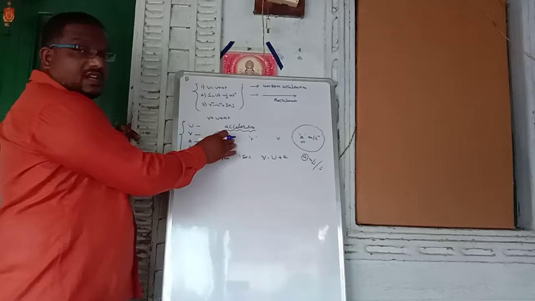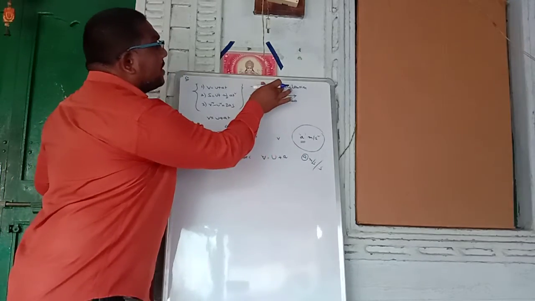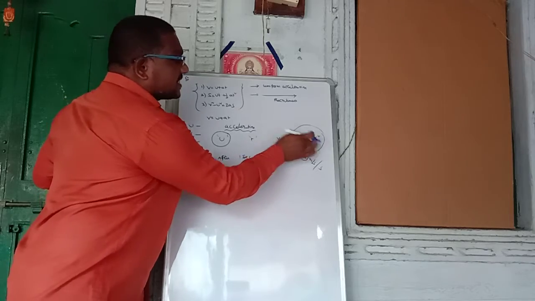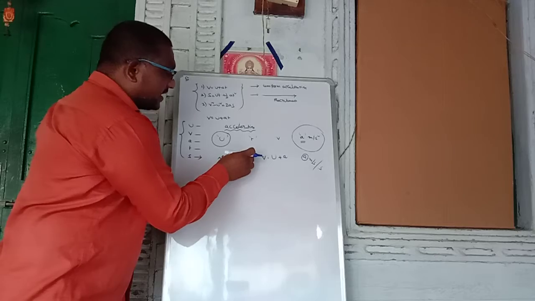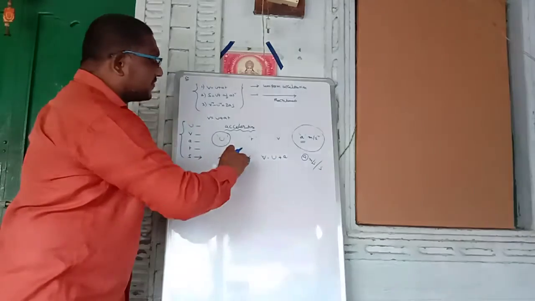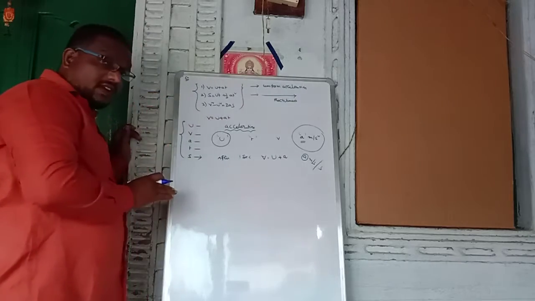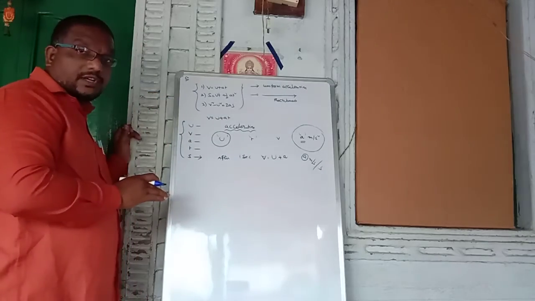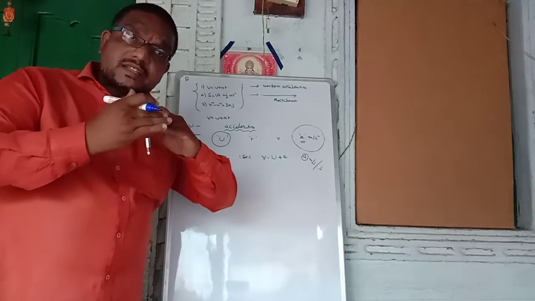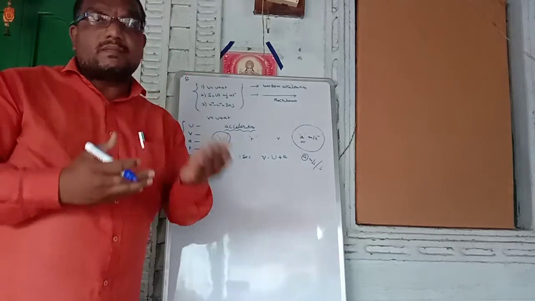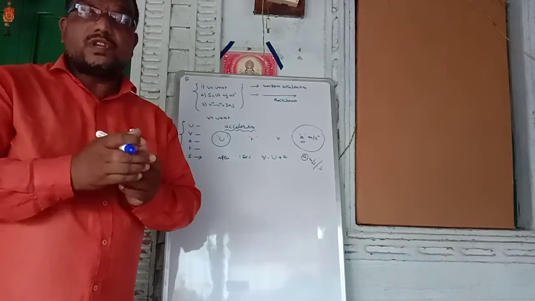Initially the body starts with the u velocity and it is moving with uniform acceleration a meter per second square. Already we discussed about uniform acceleration. Uniform acceleration is defined as, if the velocity of the body is changing in equal magnitude in equal intervals of time, then the body is said to be moving with uniform acceleration.